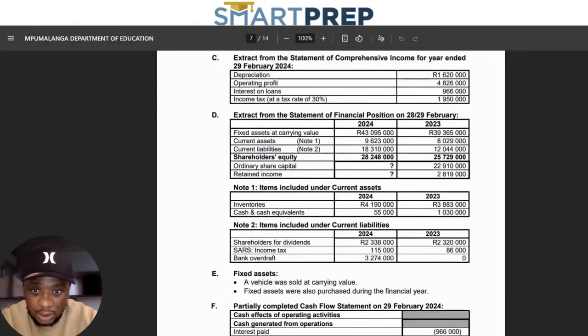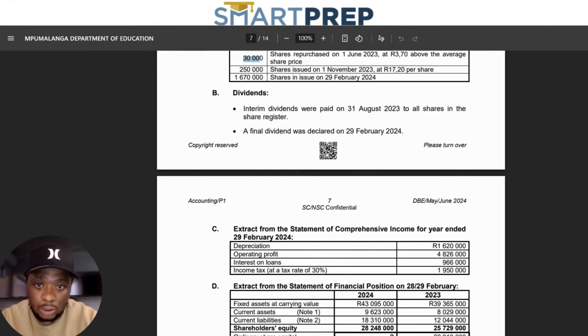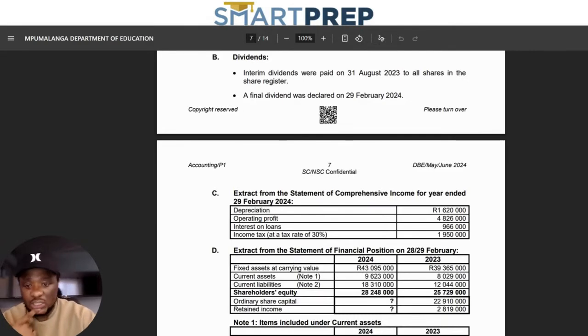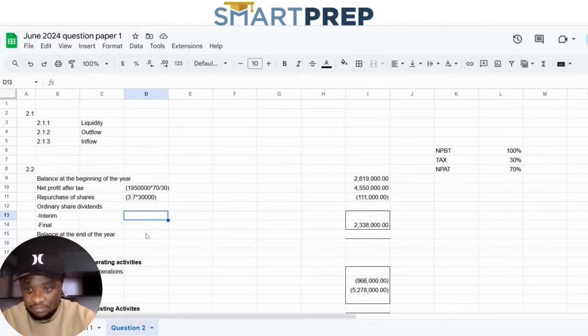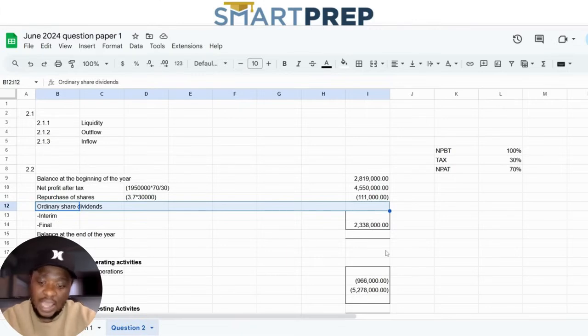We have current assets, current liabilities, retained income, not given, and then we have inventories, cash and cash equivalents. So for the interim dividend, we don't have information that relates to it, so let's come back to it at a later stage. And because we don't have the interim dividend, we cannot have the total of ordinary share dividends, and therefore you cannot have the balance at the end of the current period.